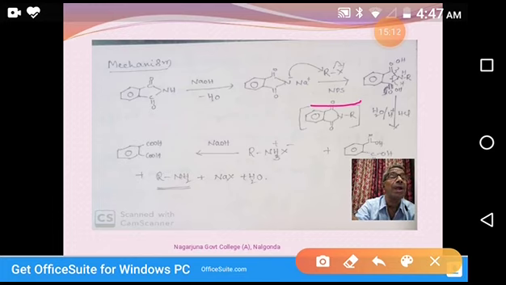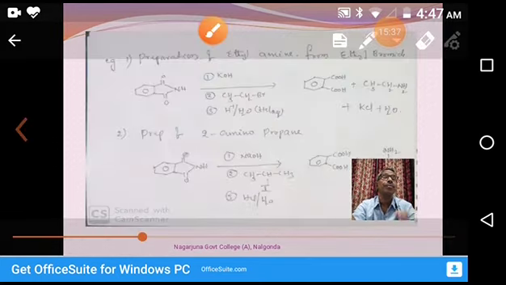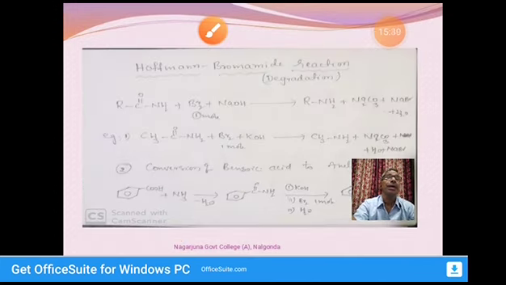That's why the carbon-halogen bond has double bond character. So the carbon-halogen bond does not dissociate into X minus as easily as in aliphatic carbons. It's very difficult. That's why from Gabriel synthesis we can prepare only aliphatic amines, not aromatic amines. But in the case of the Hofmann bromamide reaction, we can prepare aliphatic as well as aromatic amines.